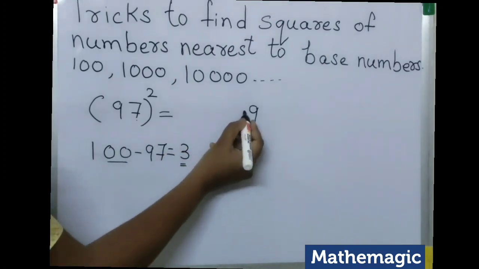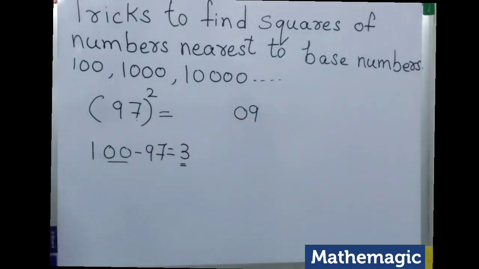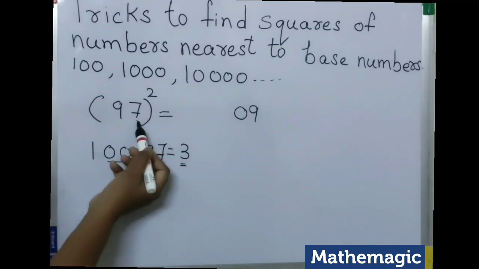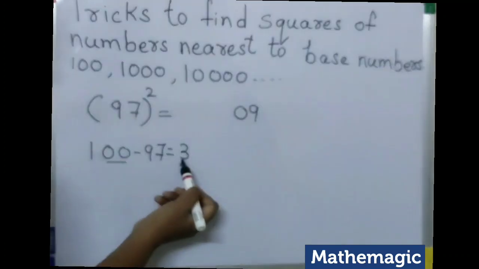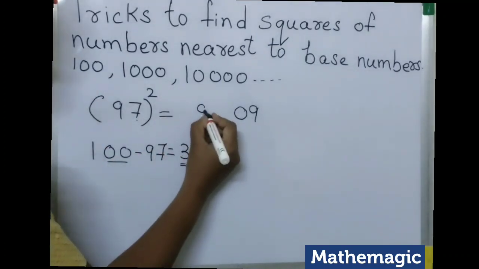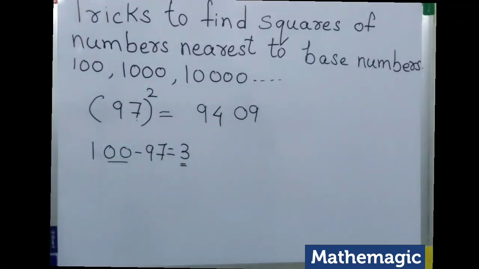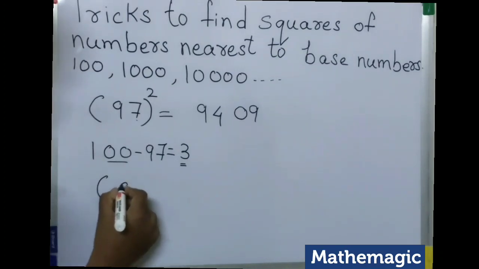So I will make this number as a 2-digit number by adding a 0 before 9. And the next thing is we will subtract this 3 from 97. So 97 minus 3 gives you 94. So the square of 97 is 9409.